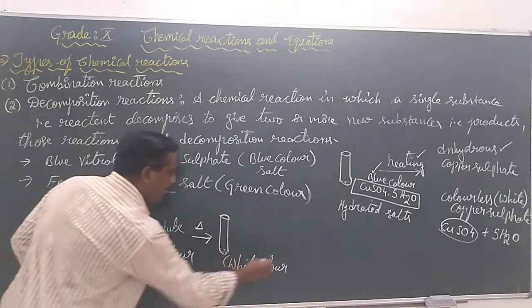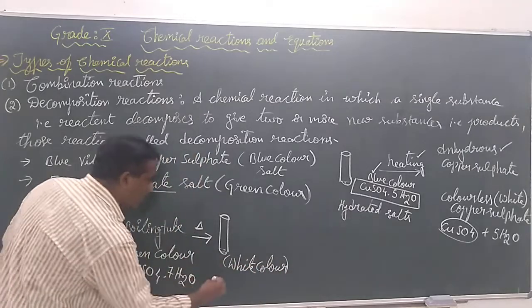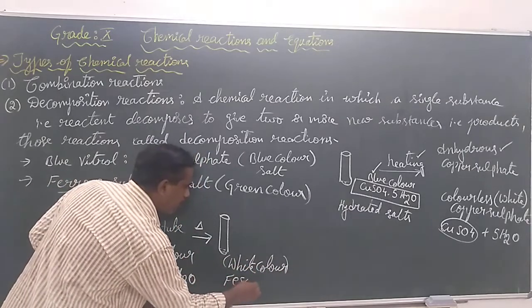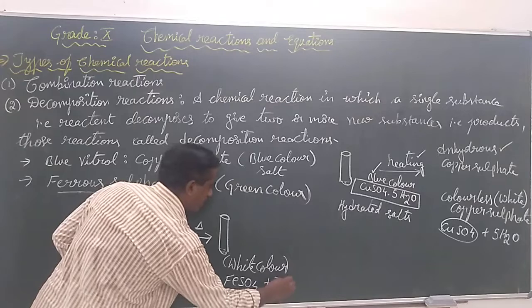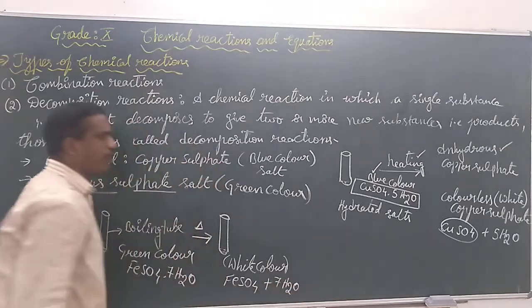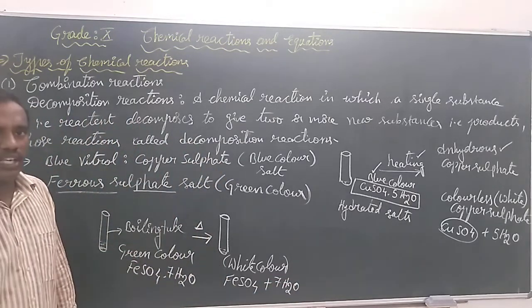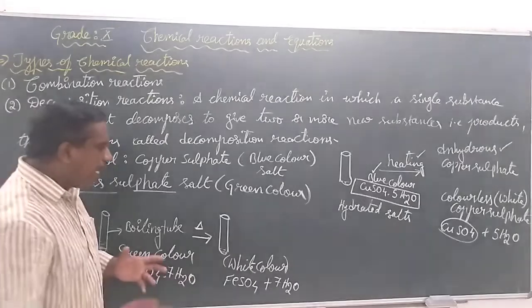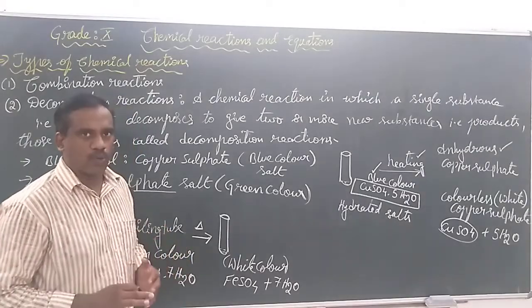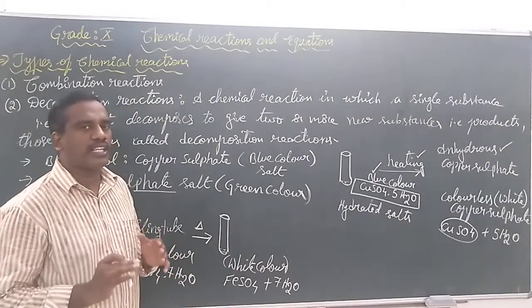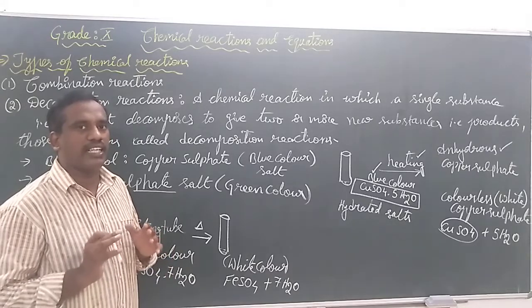The reason for the white color is that water molecules are being removed from this ferrous sulfate. What happens when green colored ferrous sulfate is initially heated?